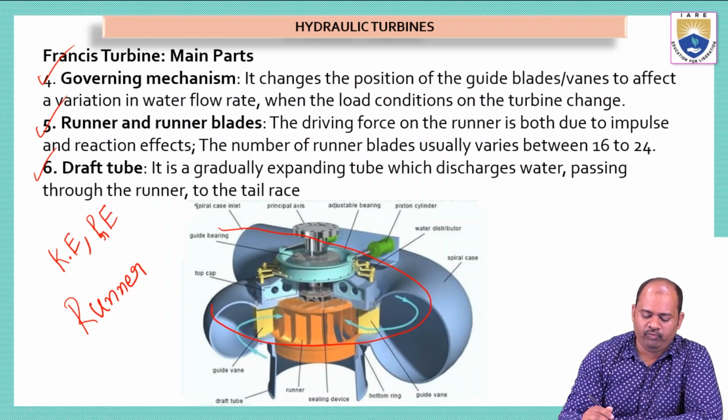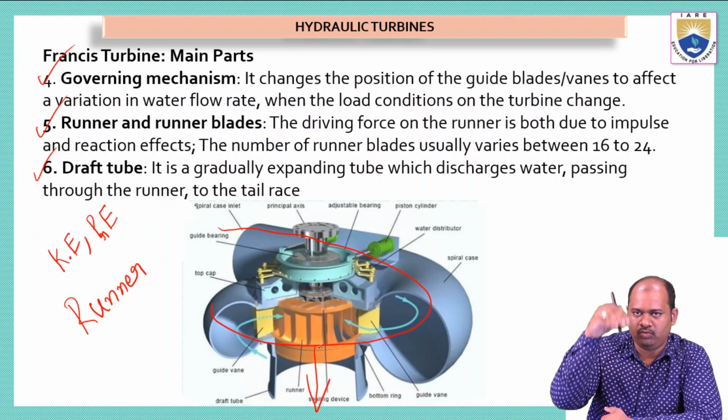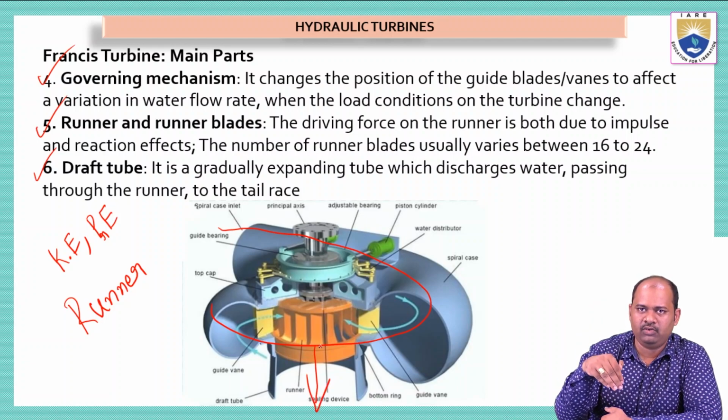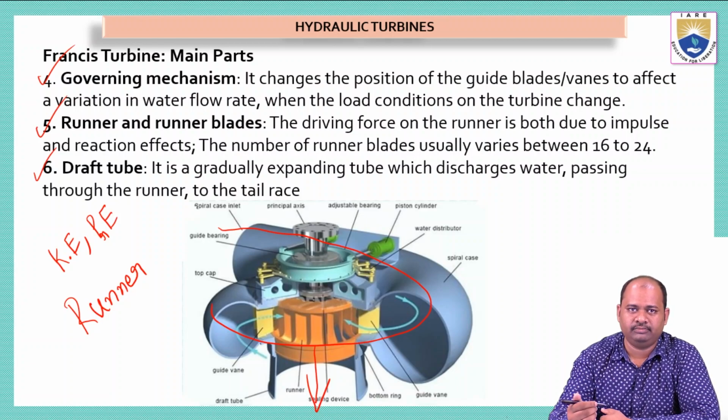Once it has entered the turbine runner through the guiding mechanism, it will come out of the runner in the perpendicular direction, that is, in the downwards direction. Up till now it has rotated in the spiral casing in the horizontal plane. Now it is coming out of the runner in the perpendicular direction, perpendicular to the rotation of the runner.